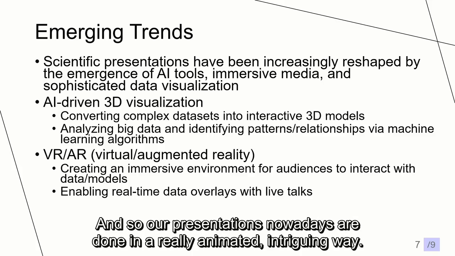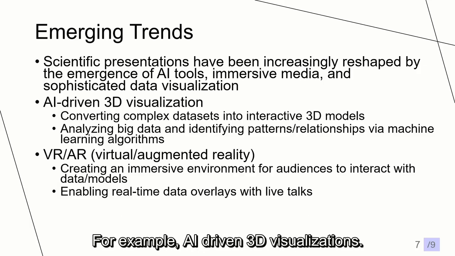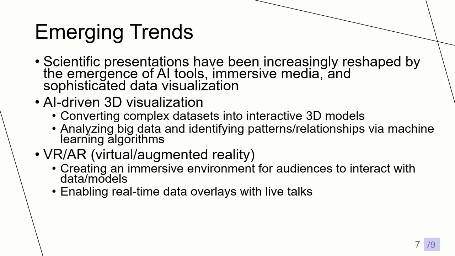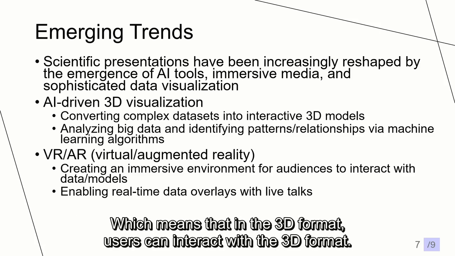And so our presentations nowadays are done in a really animated, intriguing way. For example, AI-driven 3D visualizations. Now we can put data, text or research findings in a 3D format, in an interactive format, which means that in the 3D formats, the users can interact with them.